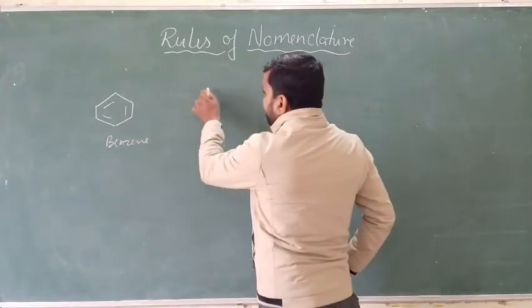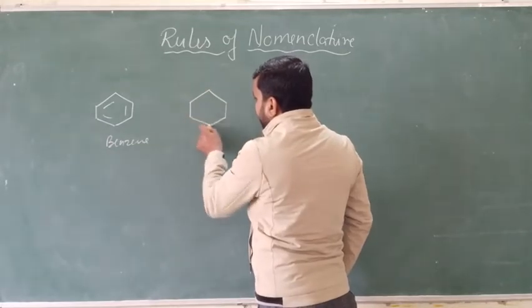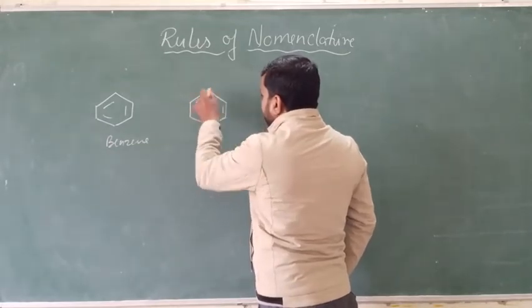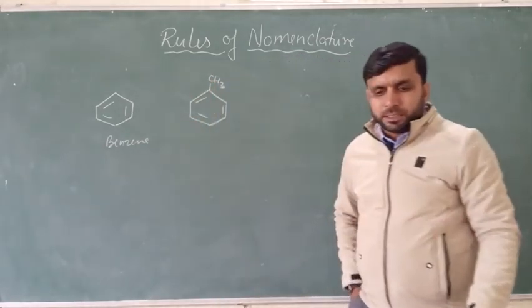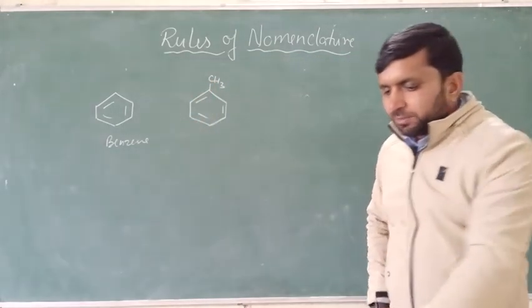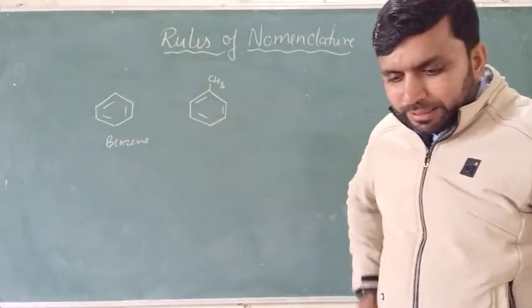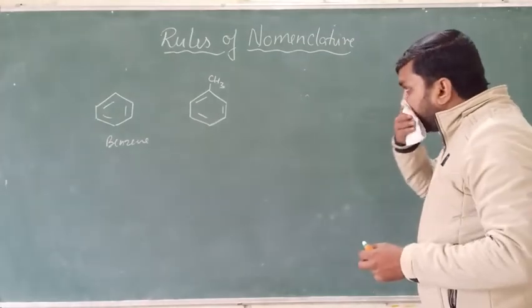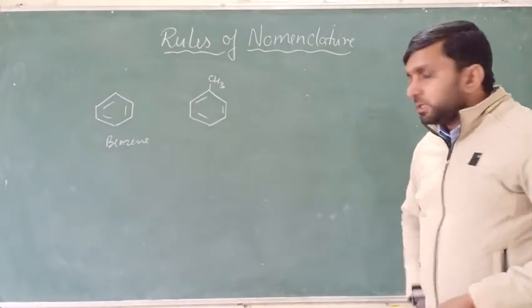If you have substituted benzene, say for example, you are having CH3, that is called substituted benzene: if the ring is attached to any other group, it is called substituted benzene.